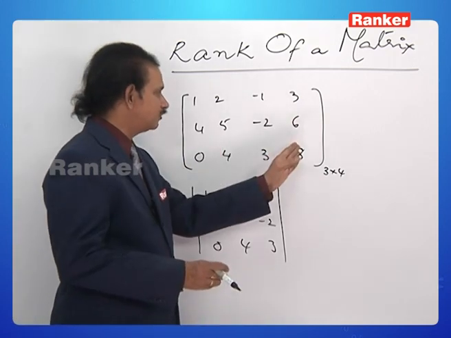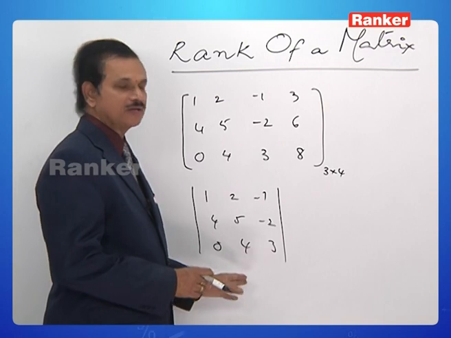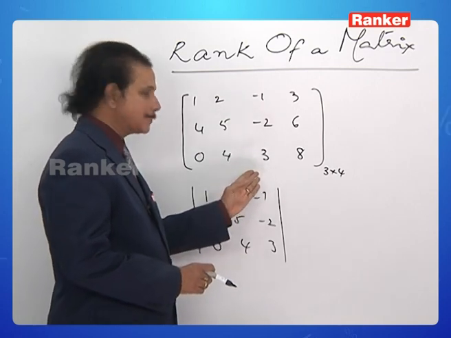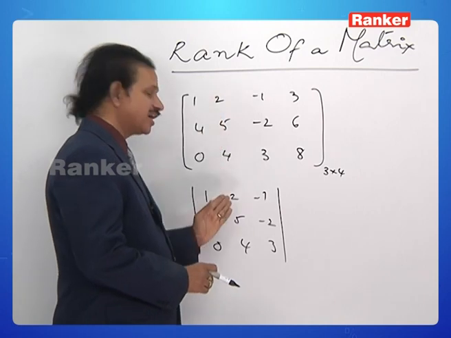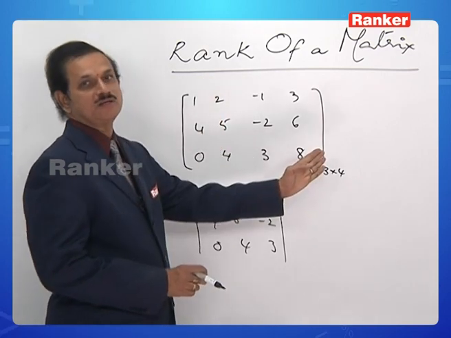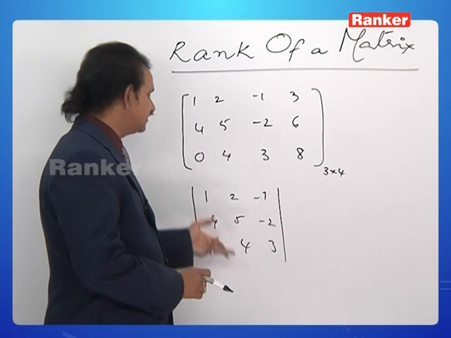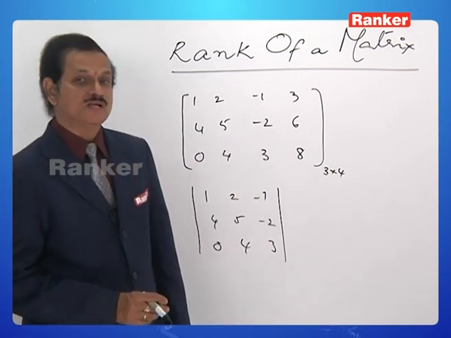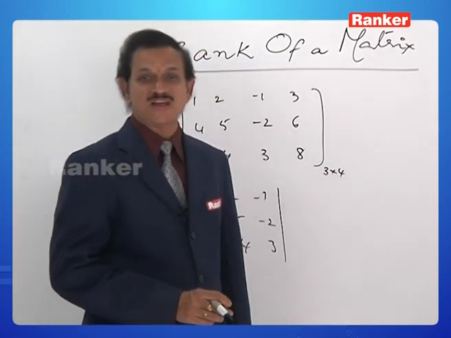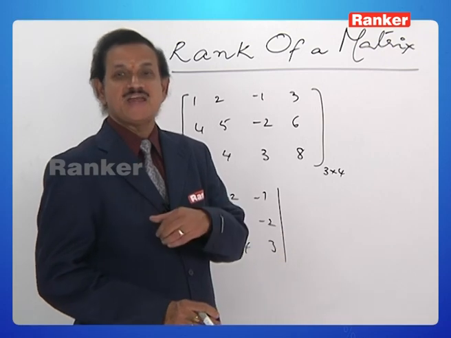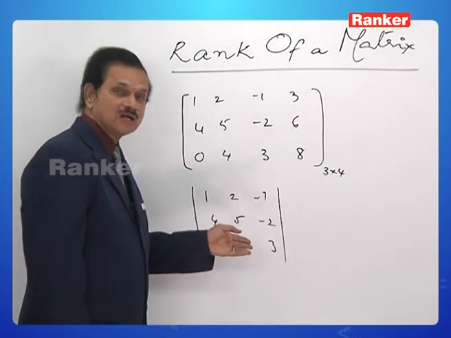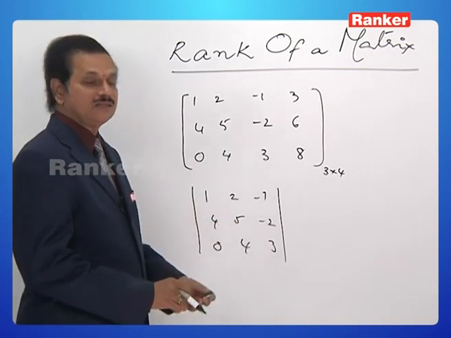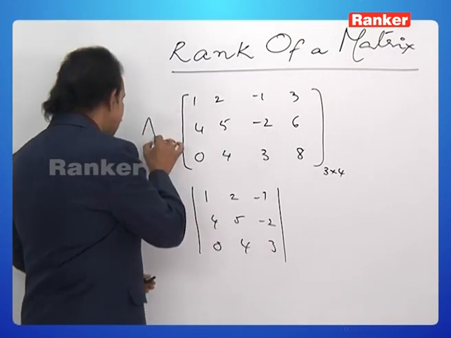If you omit the fourth column, this determinant is obtained. If you delete the third column, one more 3 by 3 determinant will be obtained. If you delete the second column, one more 3 by 3 determinant will be obtained. Like that, how many 3 by 3 determinants can be obtained from this? 4. These are called 3 by 3 minors of A.